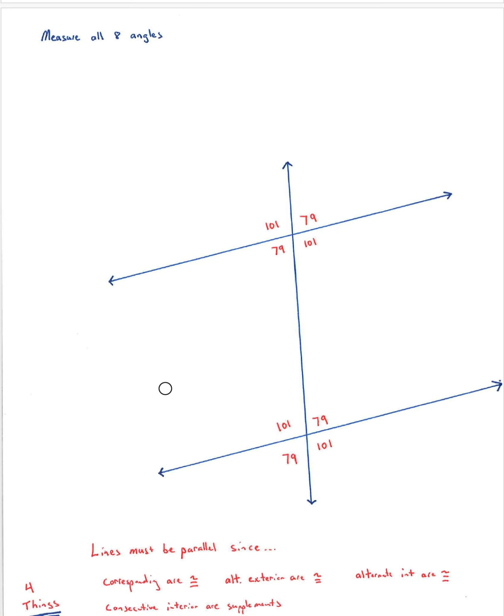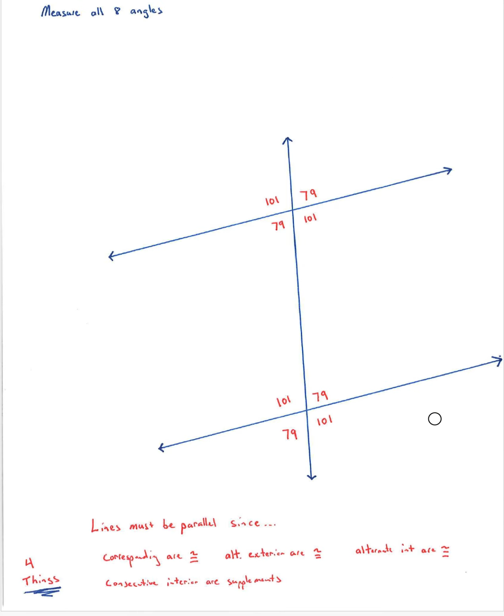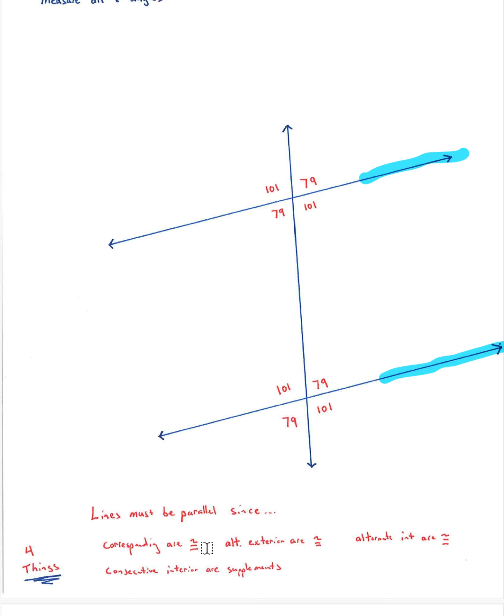Now this one, I tried to draw it so the 2 lines, this line and this line, were in fact parallel. If the lines are parallel, there actually are 4 things we can say. You can see corresponding angles are congruent, alternate exteriors are congruent, alternate interiors are congruent, and it turns out that consecutive interiors are supplements. 101 and 79, 79 and 101.